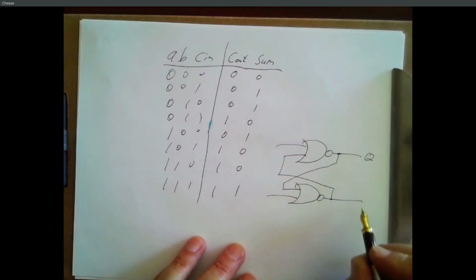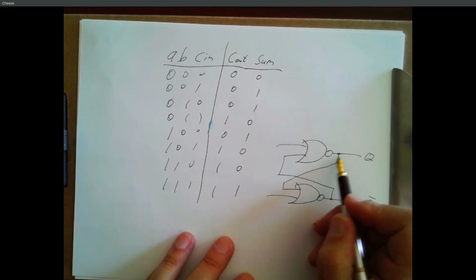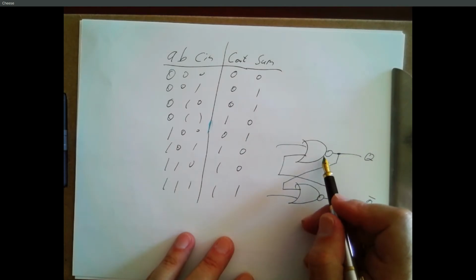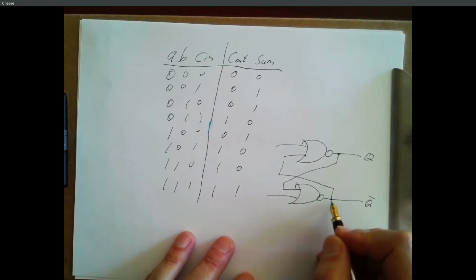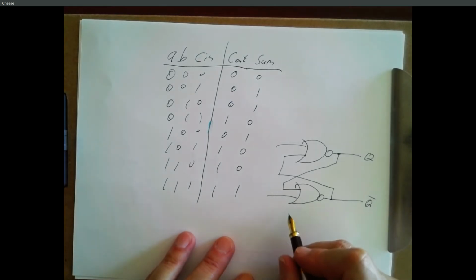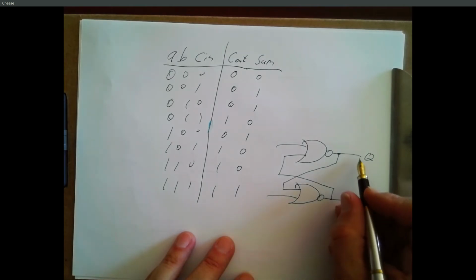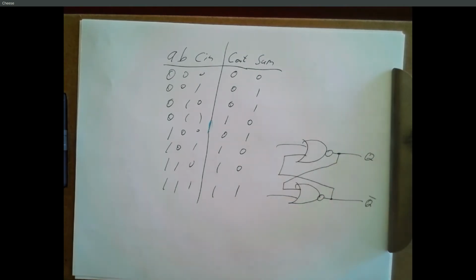If this is Q and this is Q bar, to make this a 1, we need zeros going in here. Well, we need zeros going in there. We need a 0 there. So if we want a 0 coming out, we need to have an R. So this has got to be, I don't know.